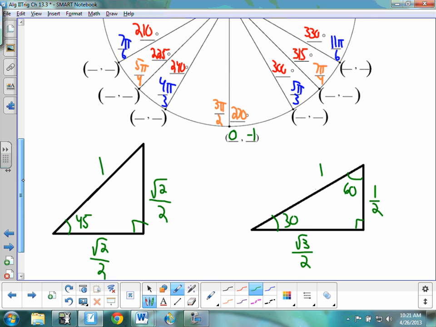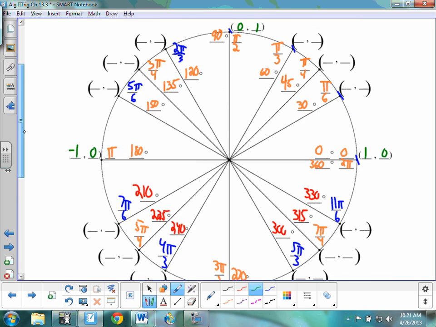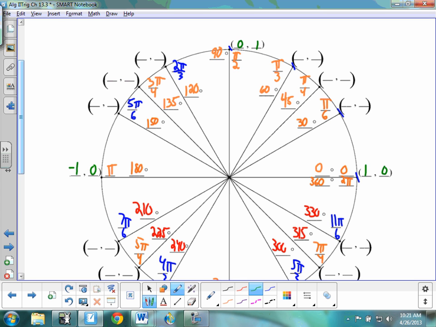So armed with those angles and those distances, all that means is that this distance from here to here is root 2 over 2. Now that I know that, for this 30, 60, 90 right here, this distance down here is root 3 over 2, comma, 1/2.